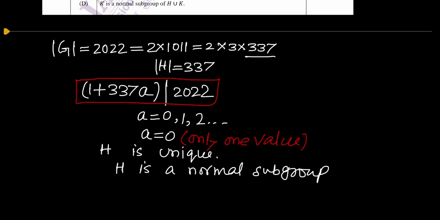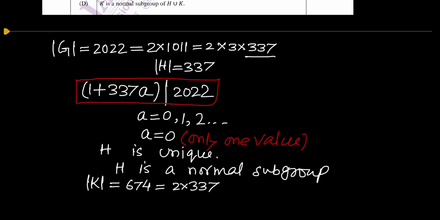Again, one more thing, the order of K is 674, and this also can be factored as 2 into 337.